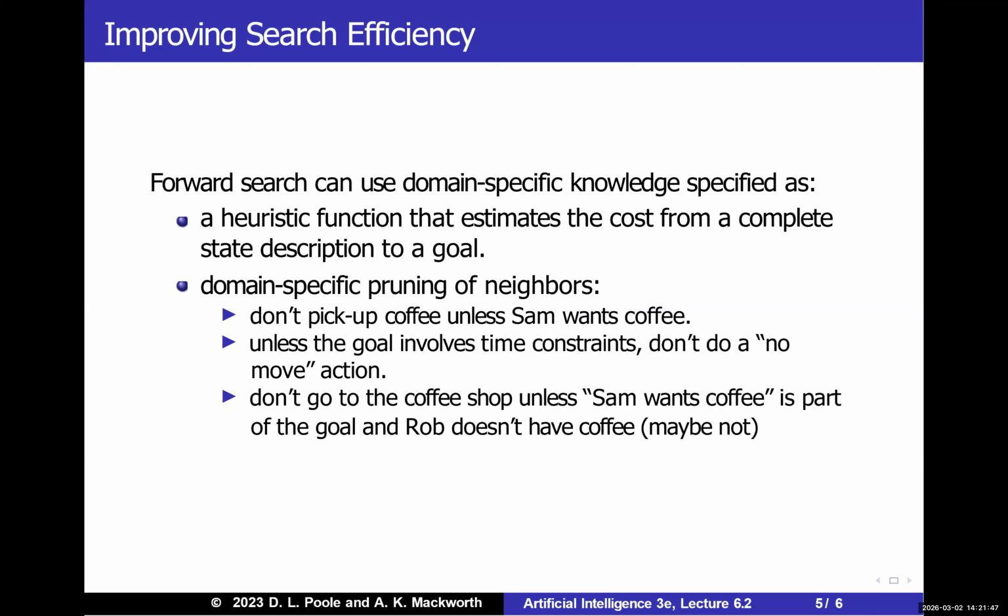For example, in the delivery robot domain, there is no point picking up coffee if no one wants coffee. That kind of domain-specific pruning reduces unnecessary branching. In practice, intelligent planning is rarely blind. It uses structure, heuristics, and constraints to reduce the search space while still preserving correctness.